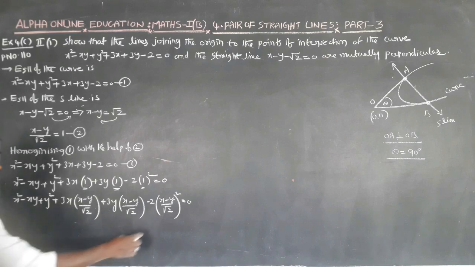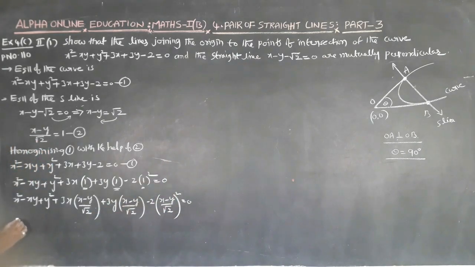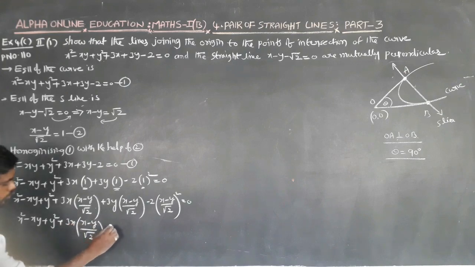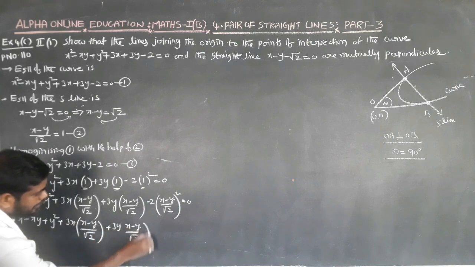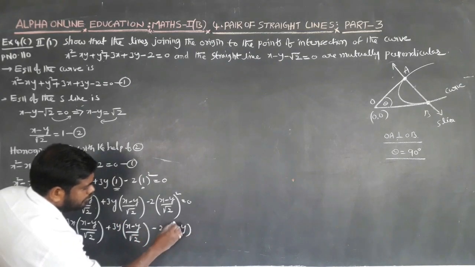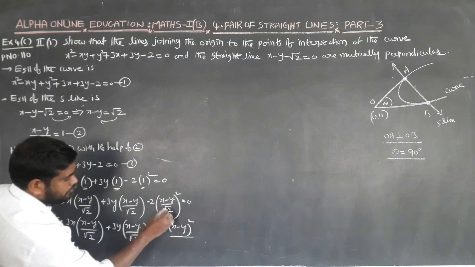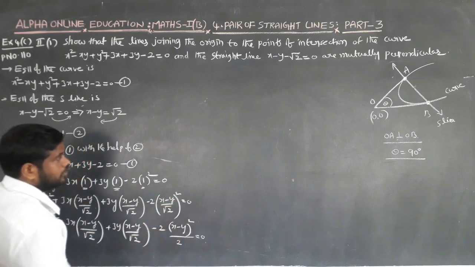Simplifying, first of all write the last term with numerator square and denominator square. x square minus xy plus y square plus 3x into x minus y by root 2 plus 3y into x minus y by root 2 minus 2 into numerator square, x minus y whole square, denominator square, root 2 whole square means 2.